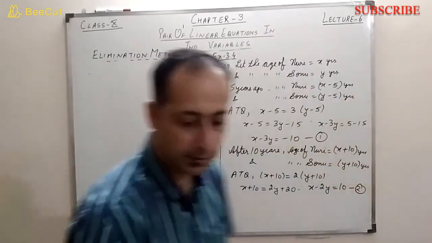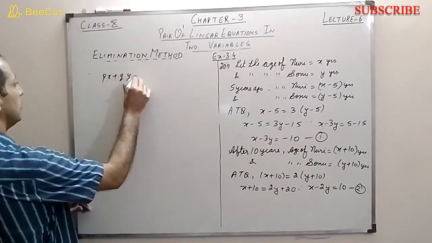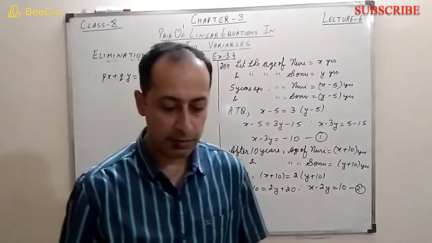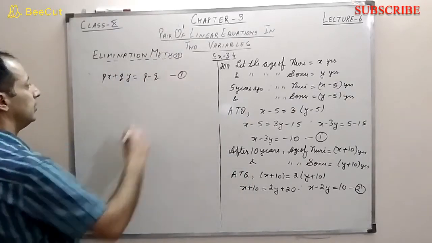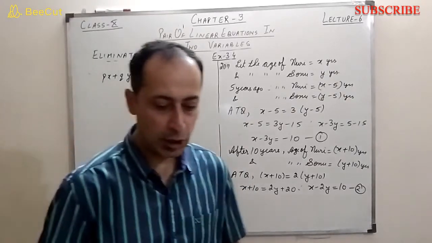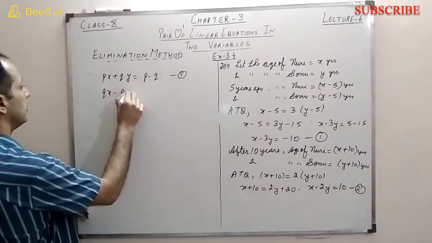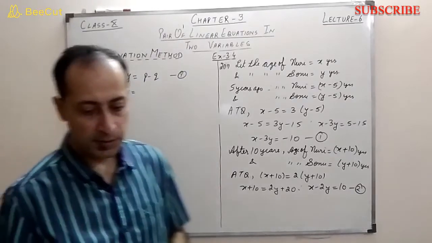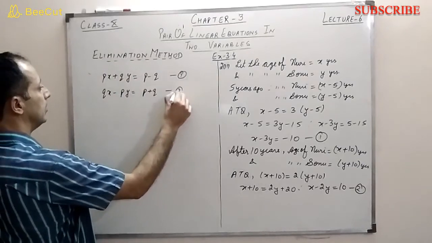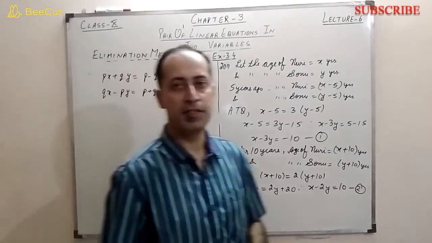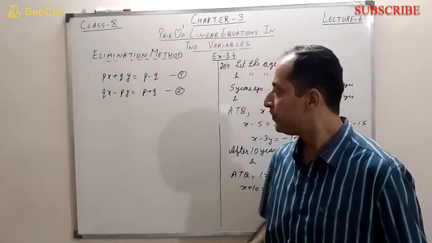The question is px plus qy equals p minus q, and the second equation is qx minus py equals p plus q. So these are the two equations which I am leaving for you. You simplify and give me the answer in the comment section, right, dear friends?